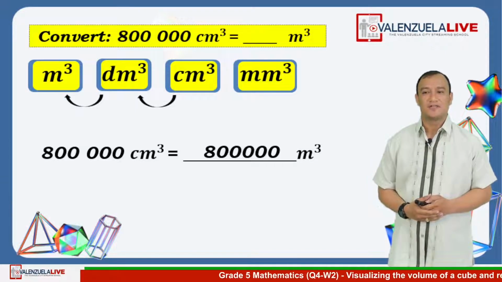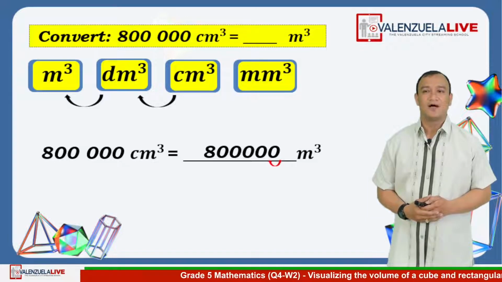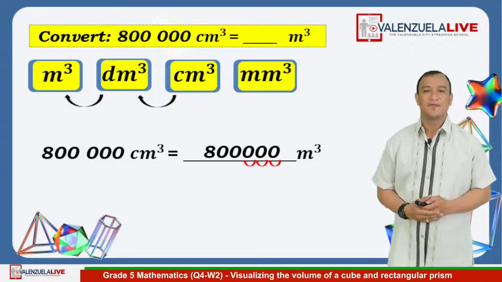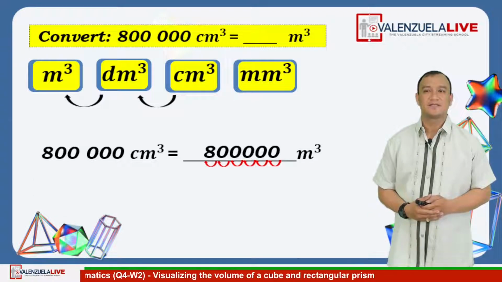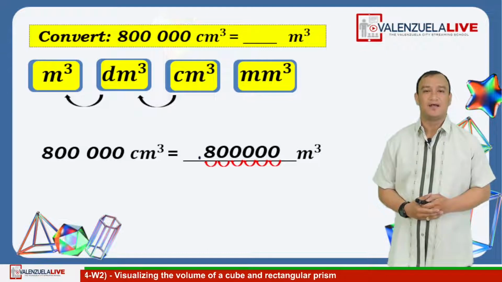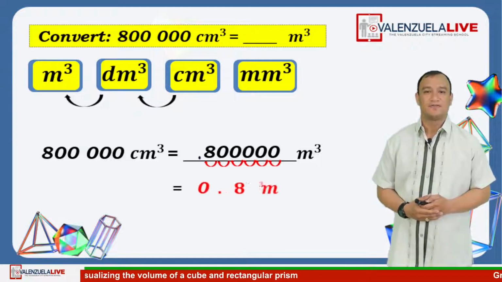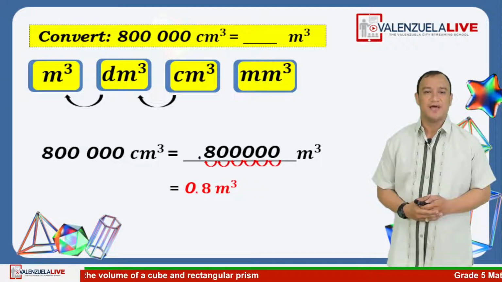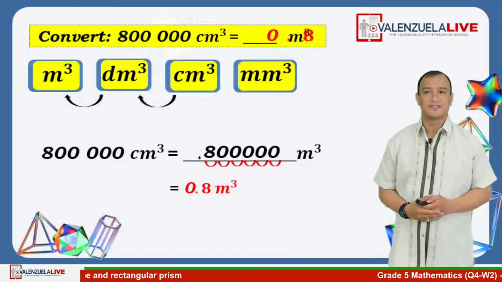So let's try. 1, 2, 3, 4, 5, 6, and put a decimal point. Therefore, we have the same answer as 8/10 cubic meters.